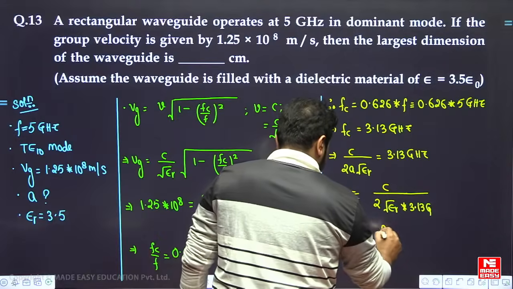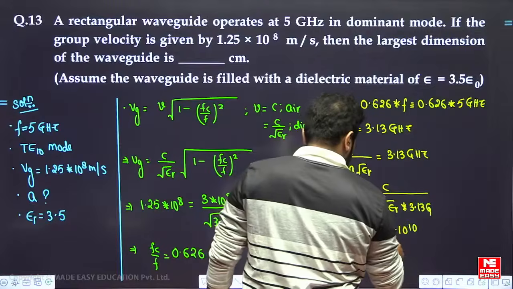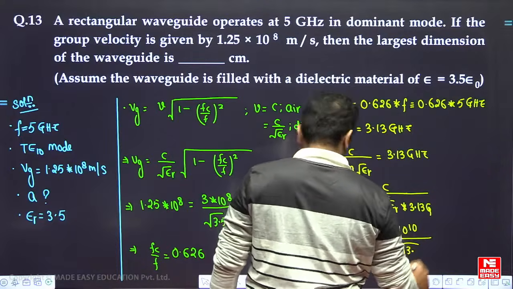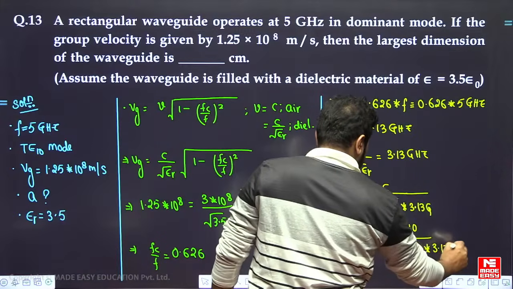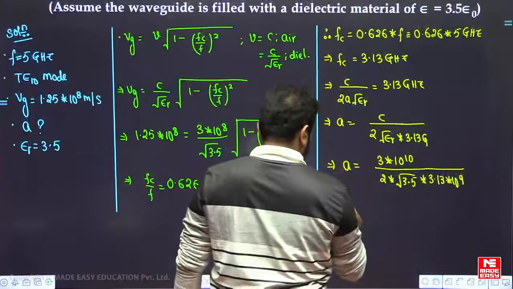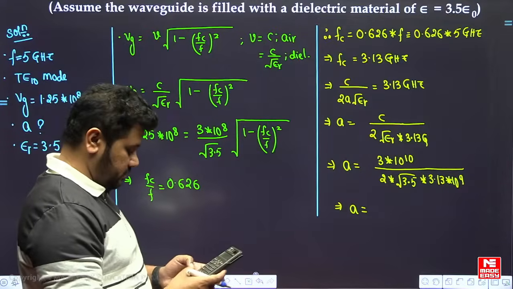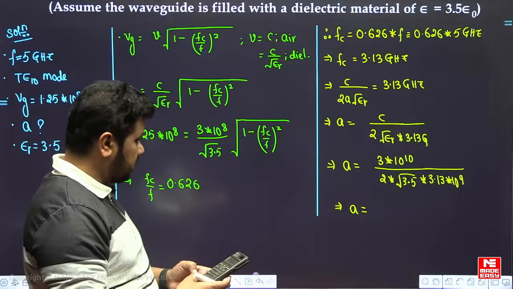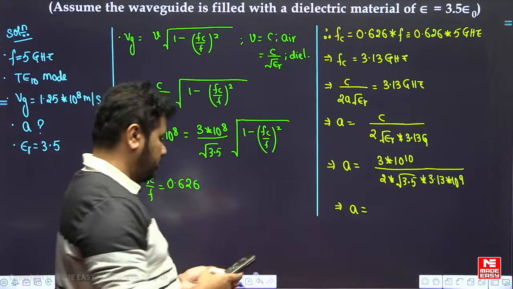A will become 3 into 10 to the power 10, they are asking centimeter, yes, divided by 2 times root under epsilon r, which is 3.5, and this is 3.13 giga, 10 to the power 9. Let us calculate. So this is 2 into root 3.5 into 3.13 into 10 to the power 9, and 3 into 10 to the power 10 divided by that gives the answer, 2.56 centimeter.